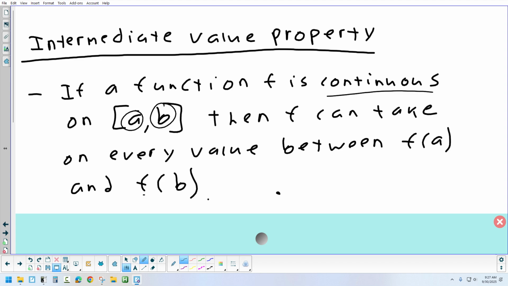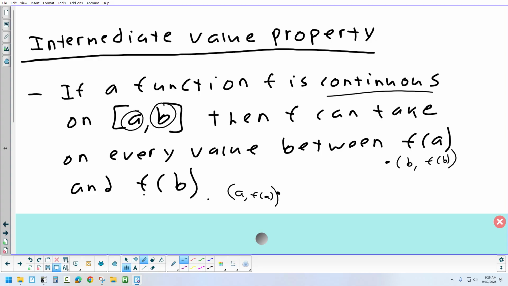So if you have a point that starts here, let's call that A, f of A, x and y value. This point over here has an x value of B, and the y value, well, plug it into your formula and find the y value.